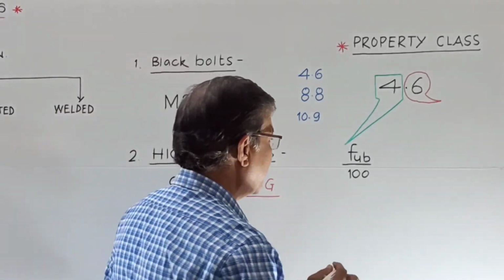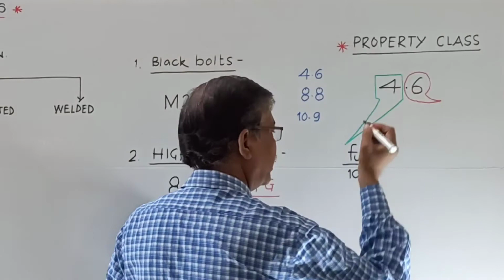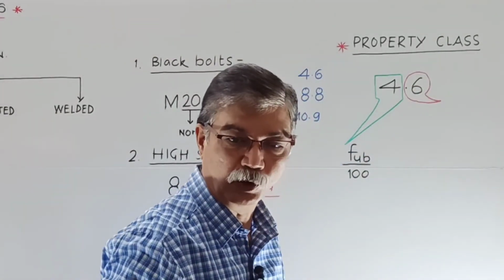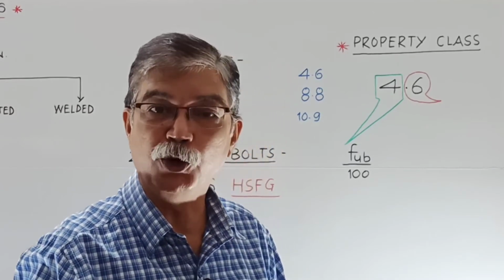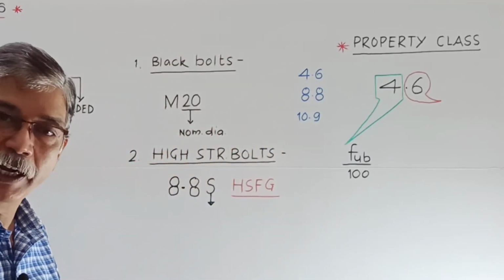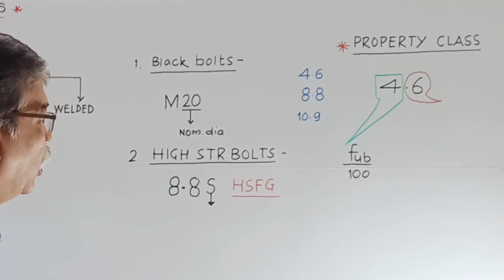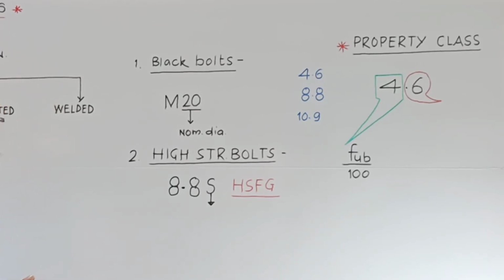So if FUB upon 100 is equal to 4, that means FUB is equal to 100 into 4, that is 400 Newton per mm square, the ultimate stress in the material of the bolt if its class is 4.6.